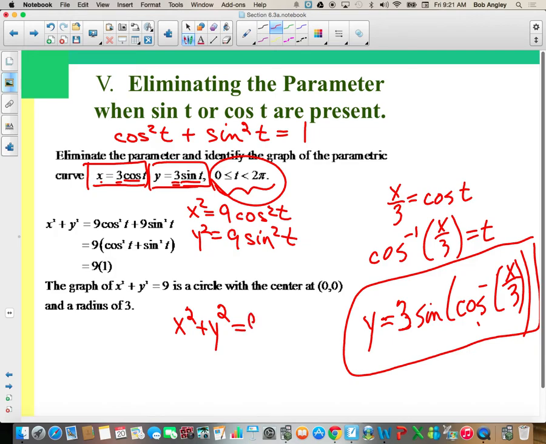So x squared plus y squared equals 9 cosine squared plus 9 sine squared. Now, we're going to factor out the 9, and we'll have the cosine squared plus sine squared of t, and since that's equal to 1, we can put 1 in its place. So now our equation becomes x squared plus y squared equals 9.